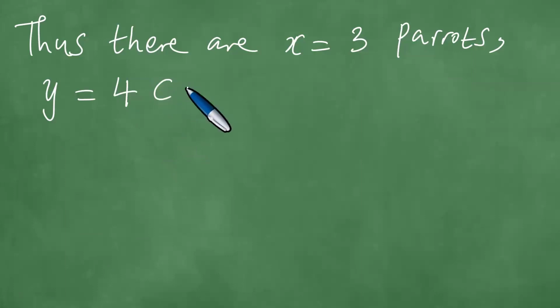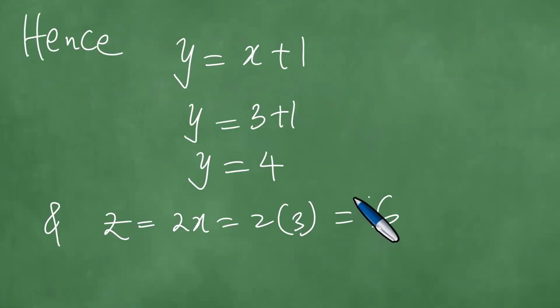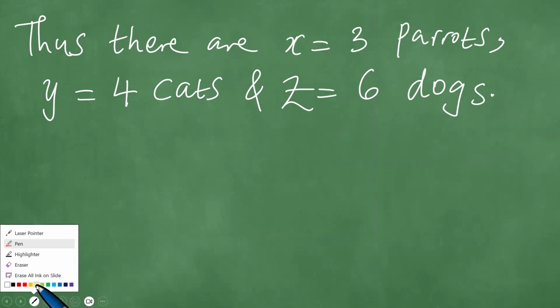And these are cats. y equals 4 cats. And z, z equals what? We got z to be equal to 6. And z equals 6 dogs. We are in business, and this is the answer to the question.